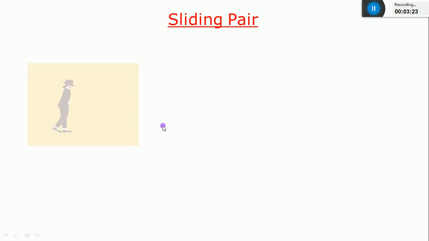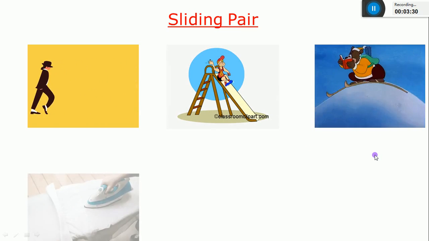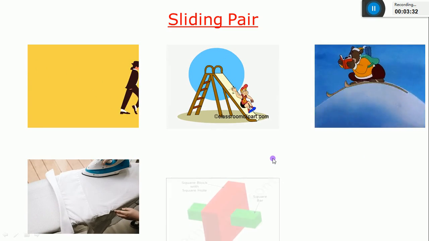Quickly I'll go through the sliding pair. The type of motion is sliding, which means linear motion.